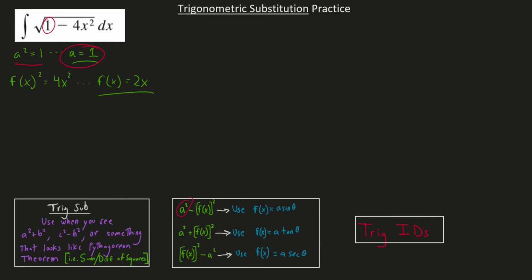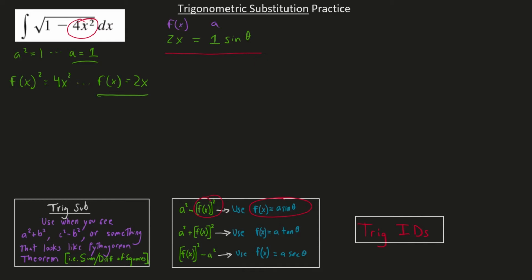A is 1. And I know f squared is this 4x squared, so I take the square root, and I discover that f is just 2x. So I got a, I got f. Looks like I'm all set up to make that table substitution.